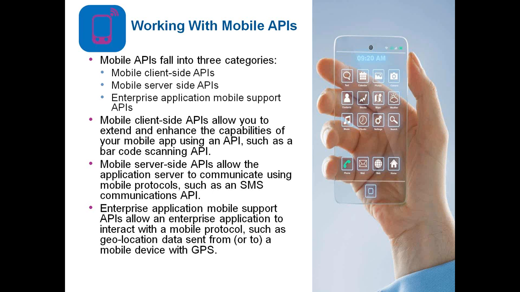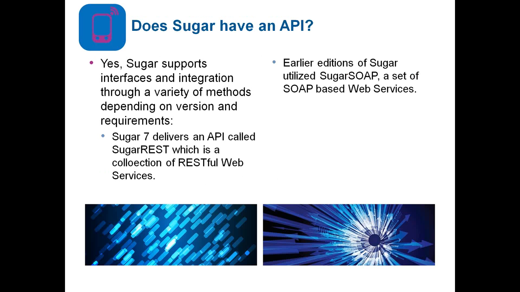You don't want to have to write that, so you just use an available component that gives your app that capability for SMS communications management. You might use a SOA service like GPS geolocation data, where you can send GPS coordinates and receive back an address, or a map with a pin on it. So these are all various kinds of APIs that are commonly available and worked with.